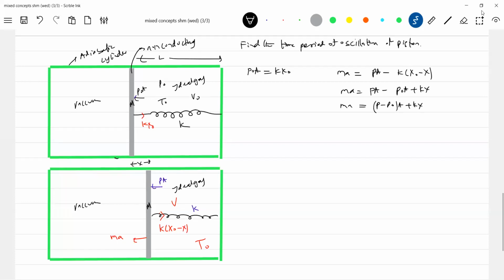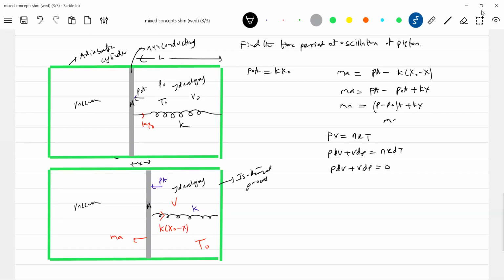Let the gas undergo an isothermal process. So if it is an isothermal process, then what do we write? PV equal to nRT. PdV plus VdP equal to nRdT. So this will become PdV plus VdP equal to 0.